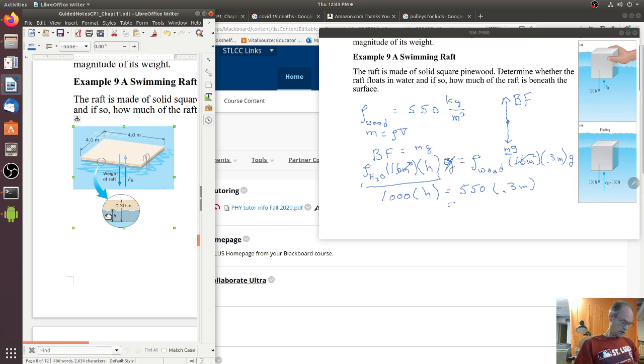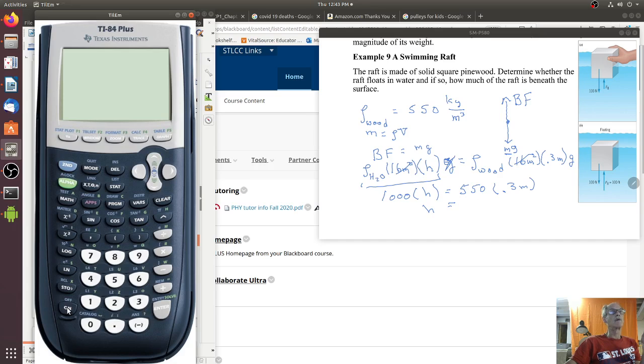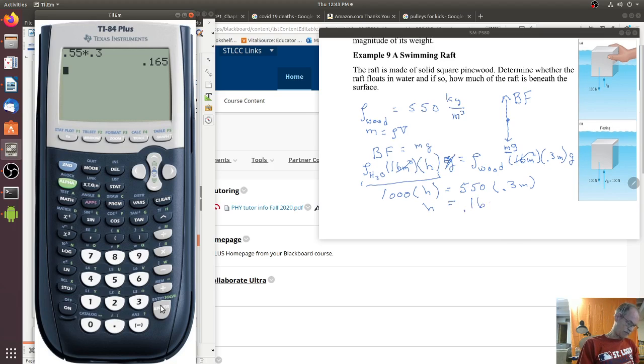So that's equal to, simple enough, 550 divided by 1,000 is 0.55 times 0.3. That's 0.165 meters. So that's how much of it sinks down. So that's that problem.